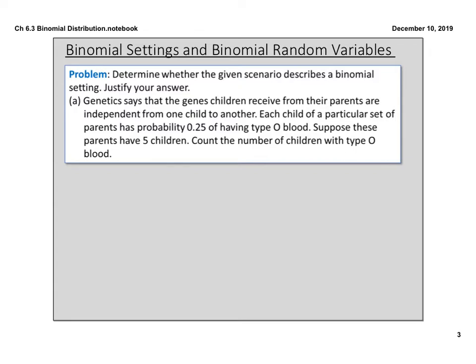Let's go through and check the BINS, because the question is to determine whether it's a binomial setting or not. So for B, is it binary? And that is a yes, because it's either type O or not. So there's success, failure.